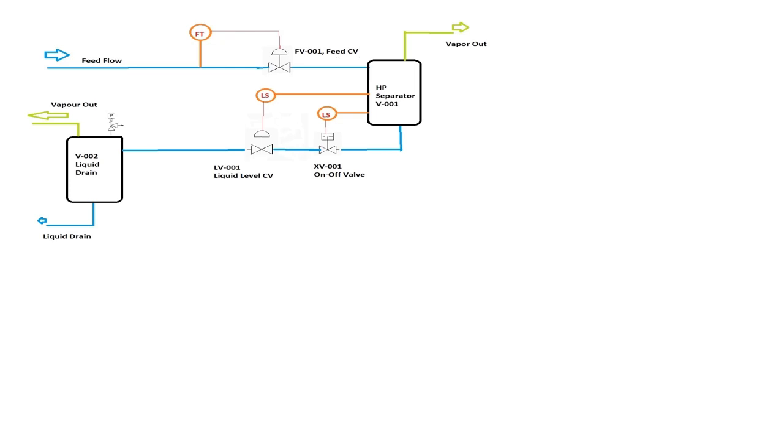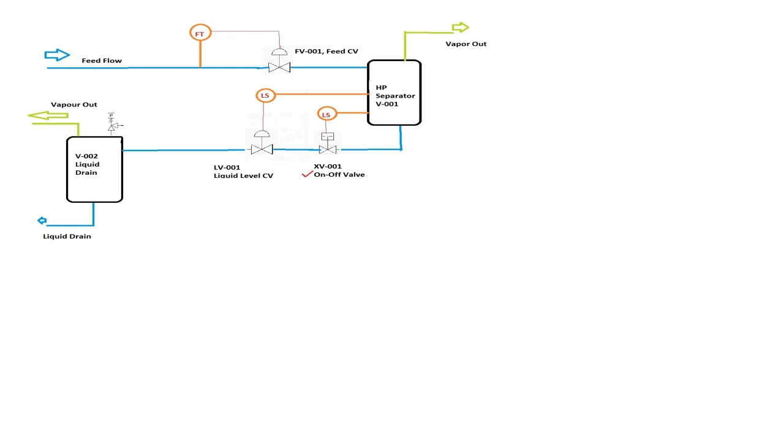In this process, there is a feed flow that is going into an HP separator, and in the HP separator there is a level switch. If the level goes low, this on-off valve gets closed.